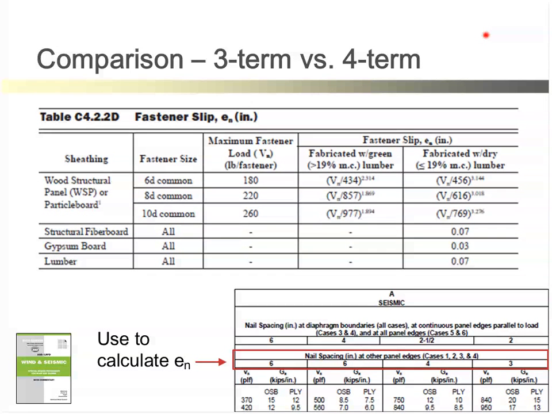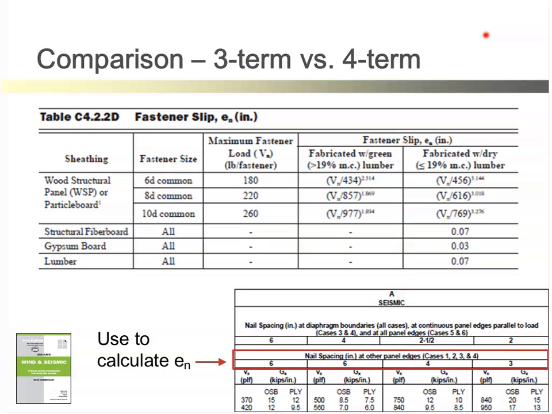Again, looking at how we calculate G sub A, the equation that we looked at earlier, we use the fastener slip, E sub N, to calculate that G sub A value. And another question that has come up, actually as recent as last week, was what nail spacing do you use to calculate the fastener slip E sub N if you're using the calculation approach or the four-term equation?